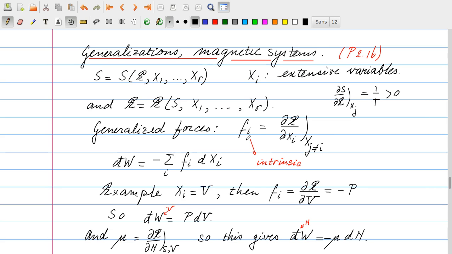So in the case that X is the volume, then the F would be the pressure. If X is the number of particles, then F would be the chemical potential.